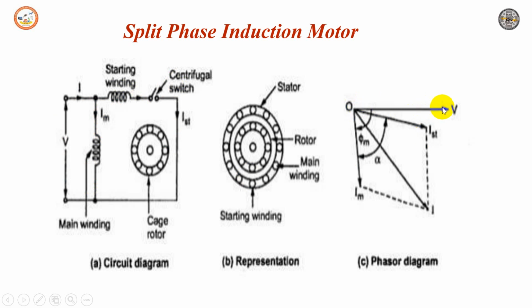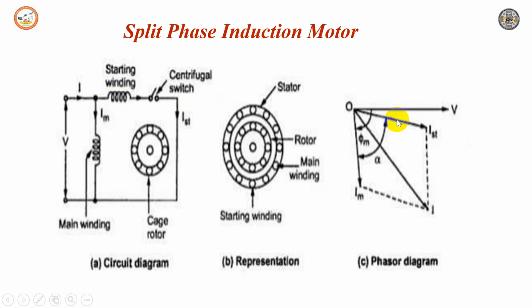It is not purely inductive, because it has some resistance, so you cannot have a purely inductive vector. As soon as you close the switch, you have the starting current ist in this winding, which also lags the supply voltage, because it is also inductive but highly resistive in nature.